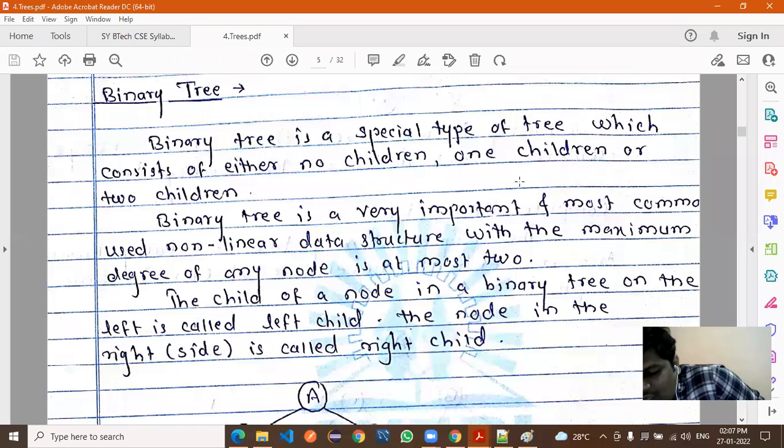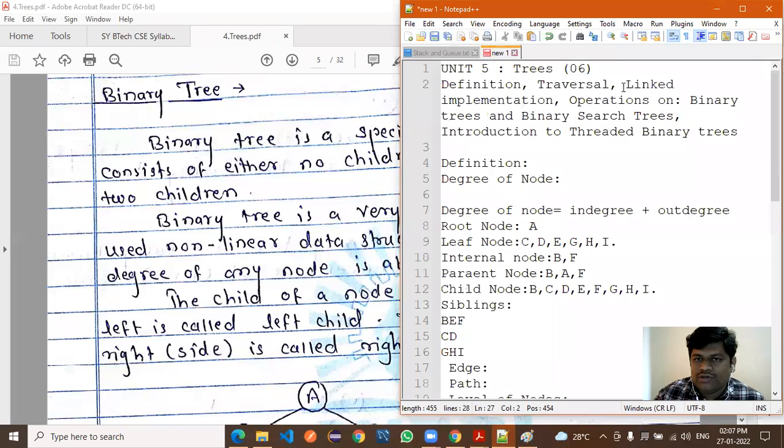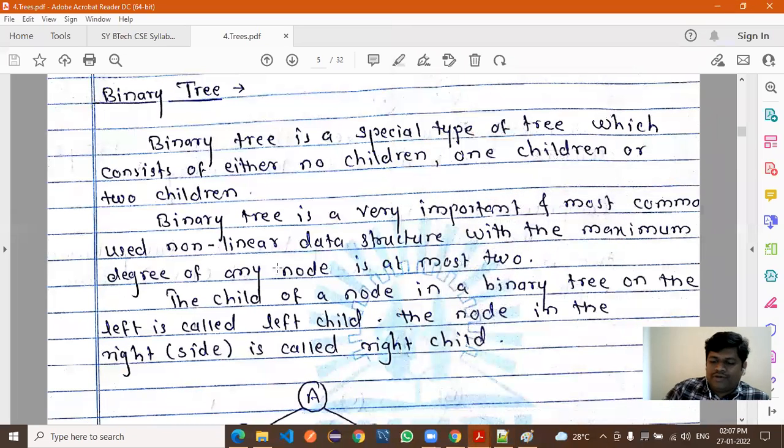Now we have discussed the definitions and representations, right? The first type of tree is the binary tree. First we'll discuss the binary tree and how many operations you can perform on it. After that we'll discuss the binary search tree, and after that threaded binary trees.